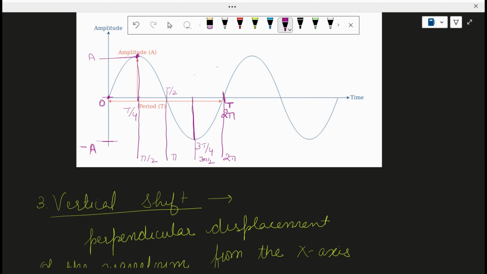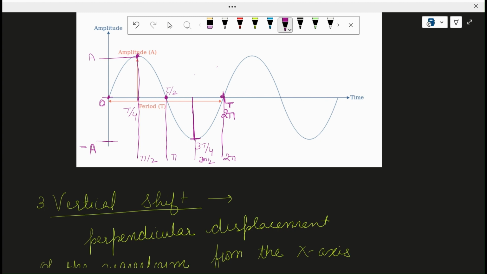Then it moved to T by 2, pi, where it attained the value 0. Then again at 3 pi by 2, that time here was 3T by 4, it attained the minimum or the negative value, right? And again at t is equal to T, it completed its one cycle.